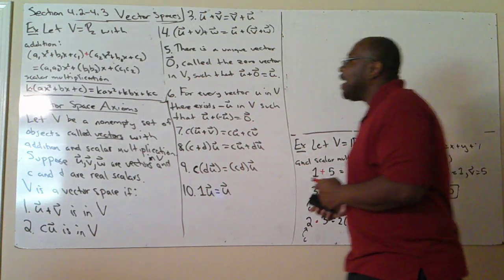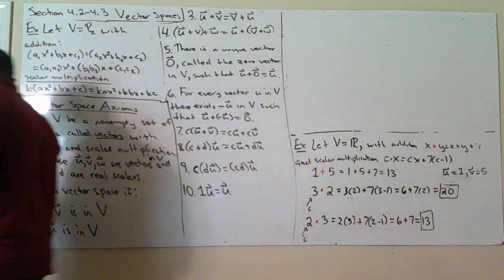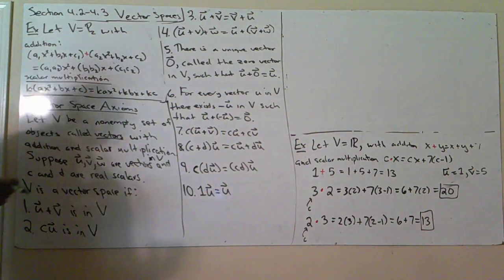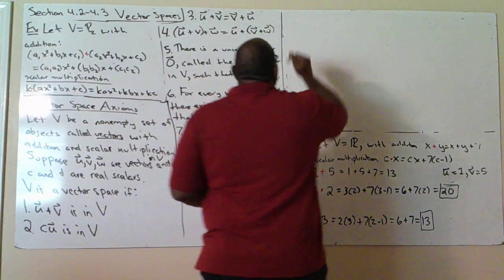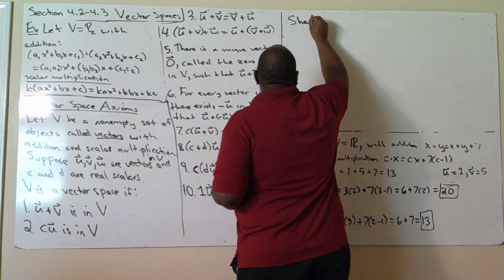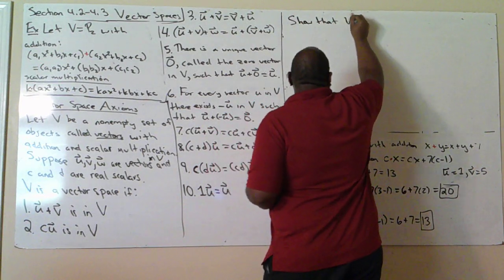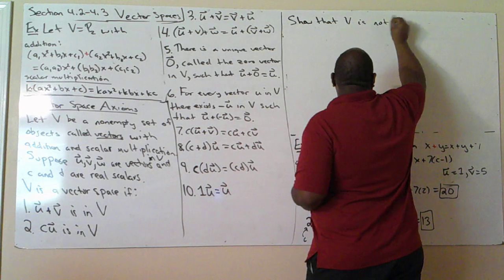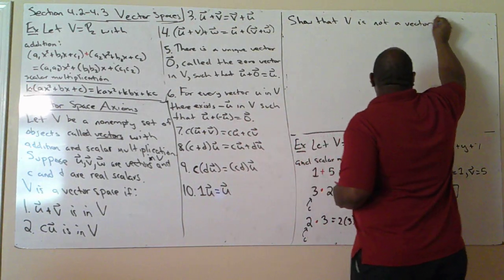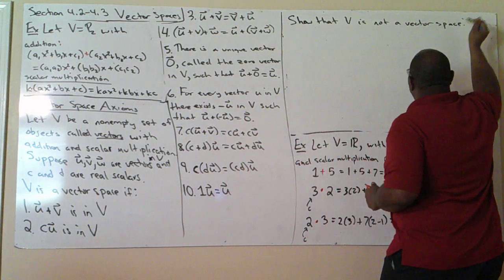Notice that I've changed the addition, but the scalar multiplication has stayed the same. So that V is not a vector space.